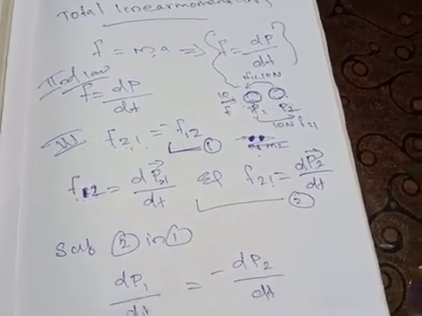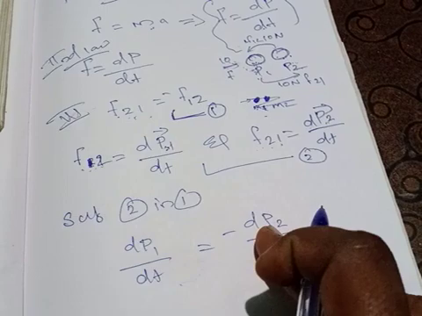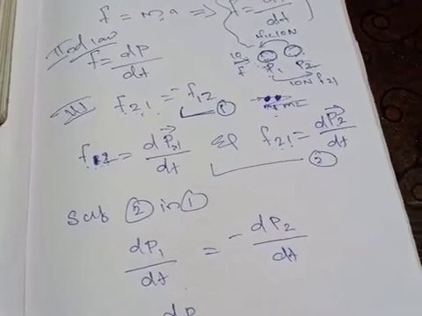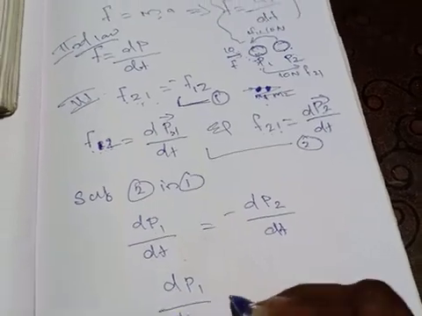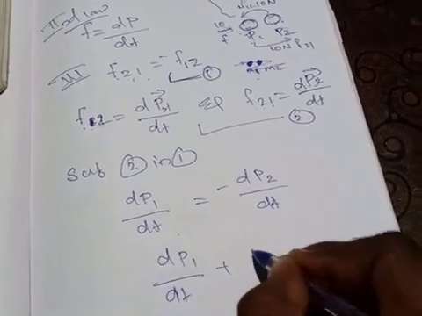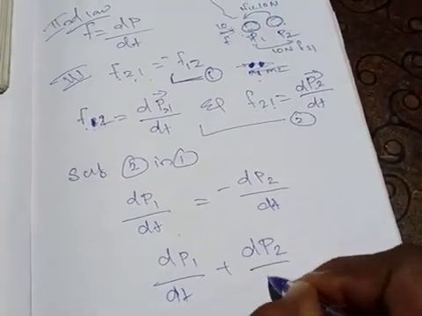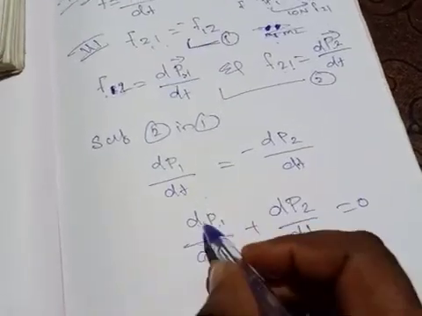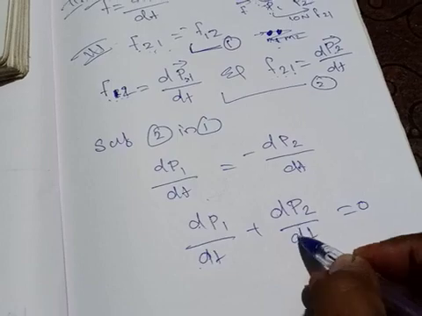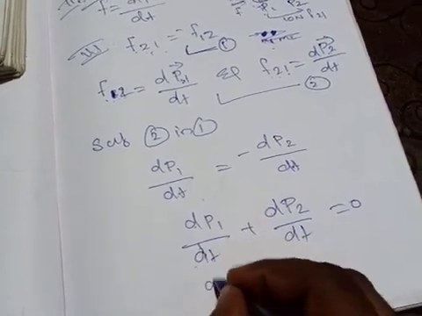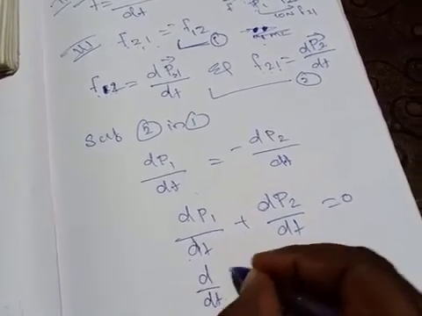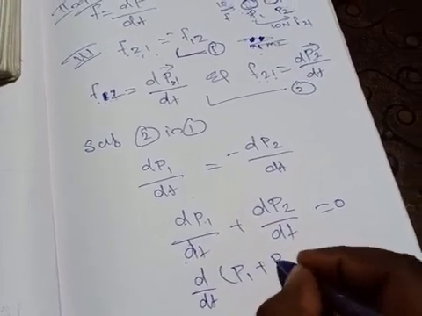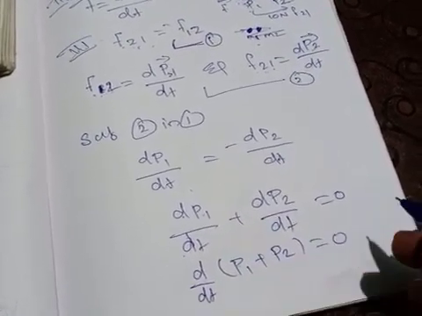So if you take the minus dp2 to this side, dp1 by dt plus dp2 by dt equal to 0 you can write. So d by dt is common, so d by dt of, inside, p1 plus p2, equal to 0.